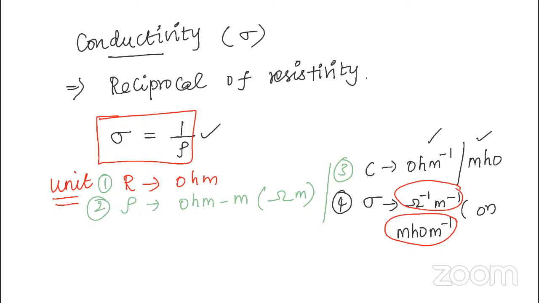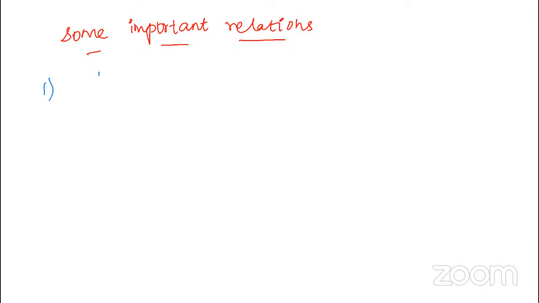For problems, we should remember a few expressions, so let us see what they are. Some important relations; you just need to recollect all of these, which we have already studied. I is equal to n into A into e into v into d.